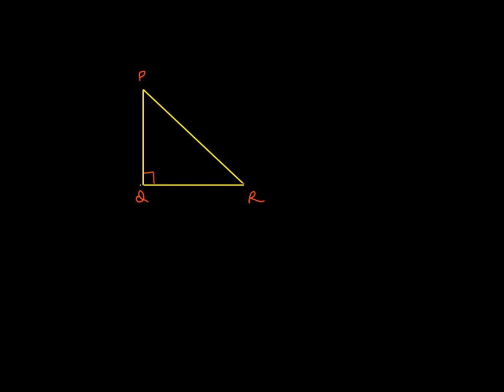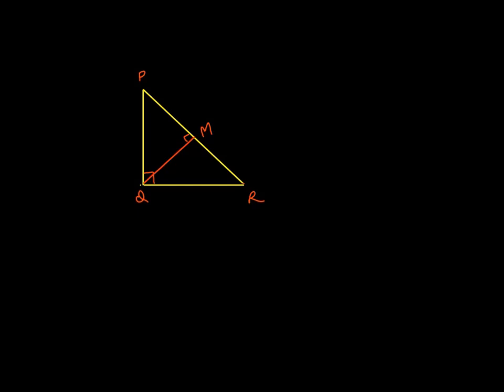For this triangle, if I try to draw an altitude from point Q, I will be able to make an altitude like this, say QM. QM is one altitude of this triangle PQR.